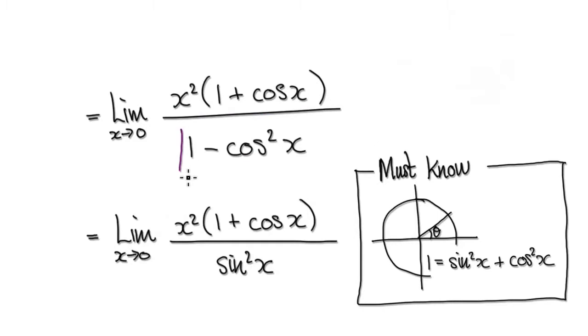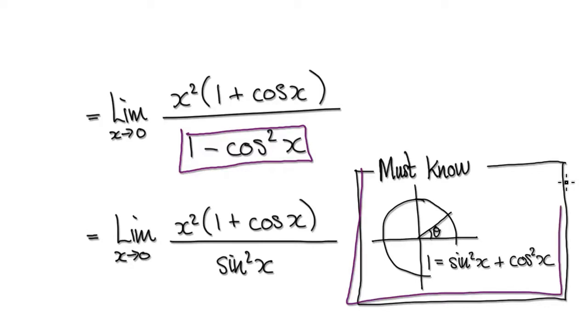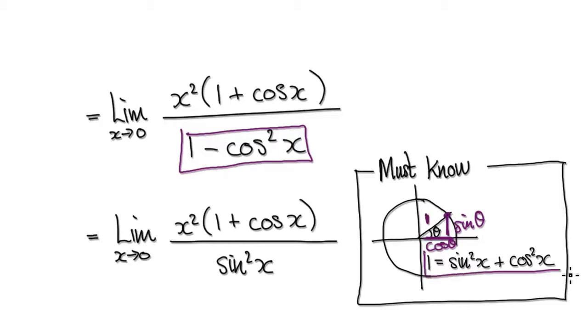looking at this block here, you should know this by heart as well. The height, when you have an angle theta, the height is sine theta. The cross here is cos theta, circle of radius 1. So you should know this by now. So now if you look at this, 1 minus cos squared.